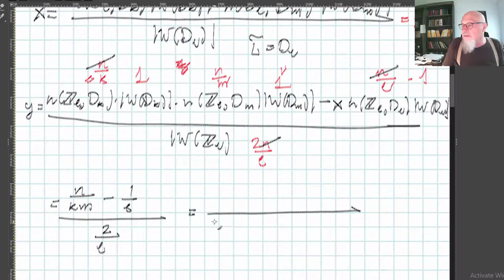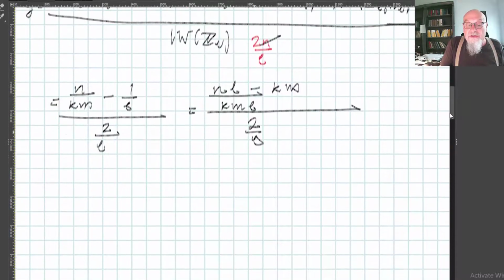So I can rewrite it down like that. N divided by L minus Km, and this will be KML divided by 2 divided by L. Okay, okay.